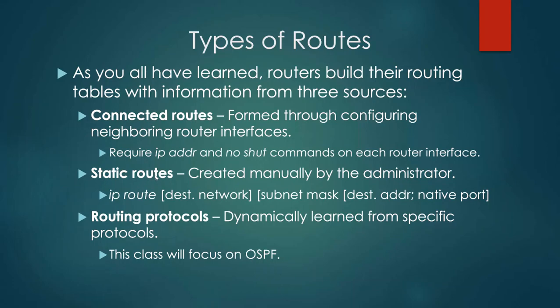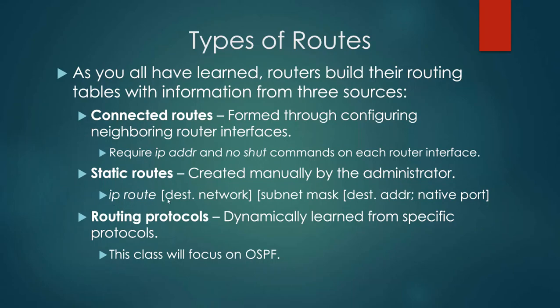Then we have static routes. These are created manually by the administrator. We have to create these manually. These are the routes that are not created by connected routes. So this helps routers forward packets that need to go to non-adjacent interfaces and networks.